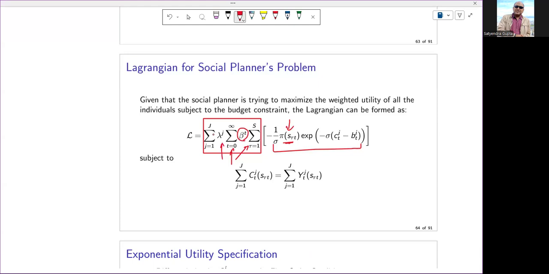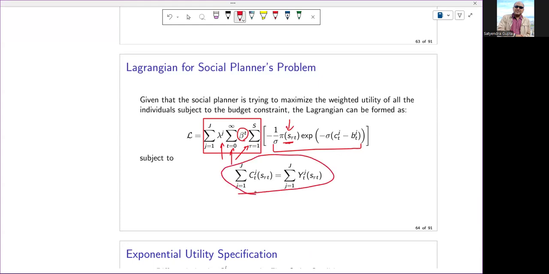So we are summing over all the possible states, for all the possible time, and for all the possible individuals. That's why we have these three summations, and this is the budget constraint that we have.